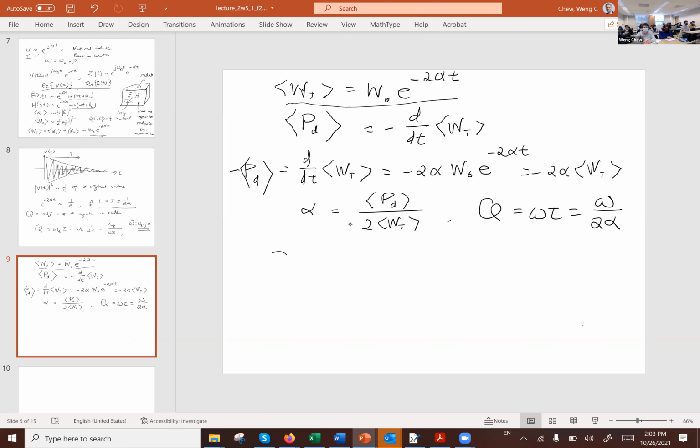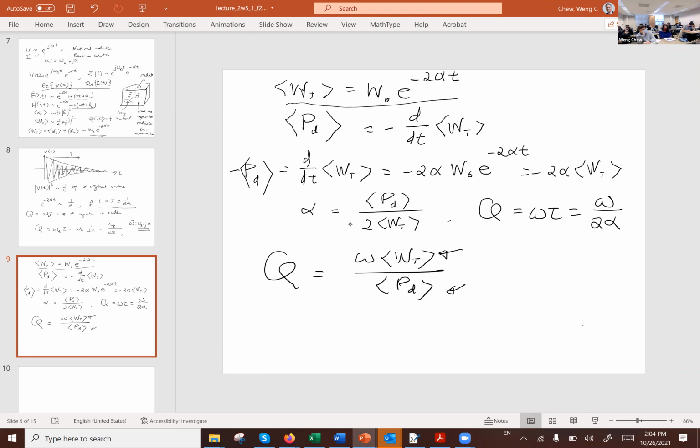So the Q using this approach is given by this formula. So we have another way of finding Q. We just have to know how to estimate the total energy stored and the power dissipation, and then we can estimate the Q of the cavity.